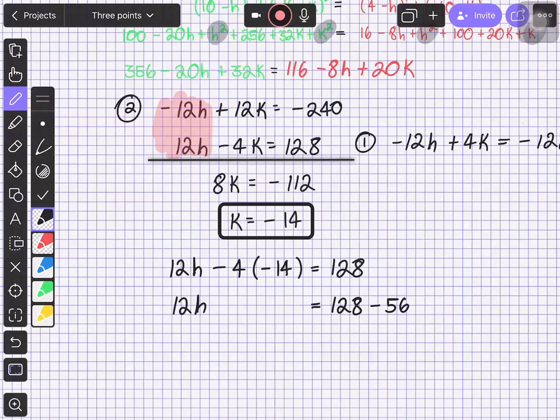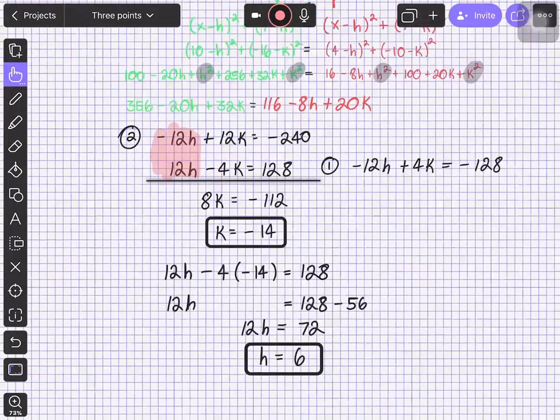Give me just one second. 128 minus 56 is 72. And 72 divided by 12 is 6. So now we have the second one.